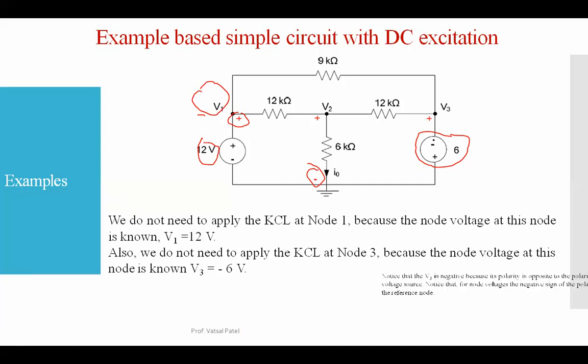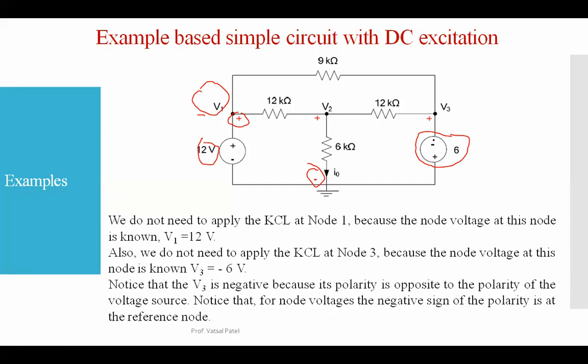V3 is negative because its polarity is opposite to the polarity of the voltage source. Since for all the nodal voltages the negative sign of the polarity is at the reference node, that's why the negative sign will be there for the V3 voltage.